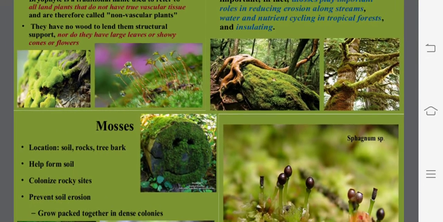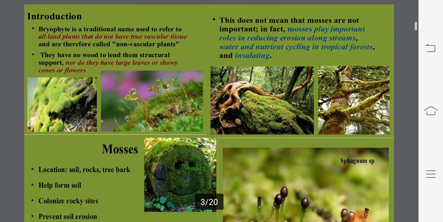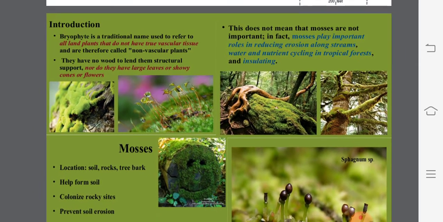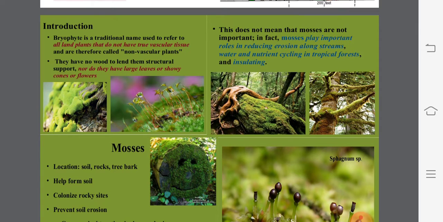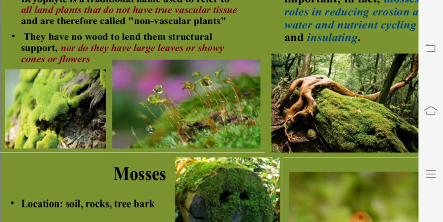You are observing photographs of patches of bryophytes, and mosses play an important role in reducing soil erosion along stream water, in nutrient cycling in the tropical forest, and in insulating. Just see, this is a moss with dewdrops, so it maintains humidity. Then there are large moss patches that cover the soil area, so soil erosion gets stopped.